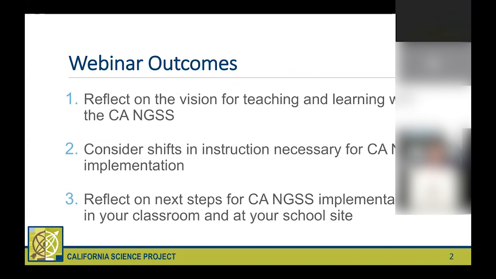And then I would like to also provide you a bit more resources on what would be your next steps. You are probably all in different places with the implementation of the Next Generation Science Standards. So you have to decide for yourself what might be your next steps.